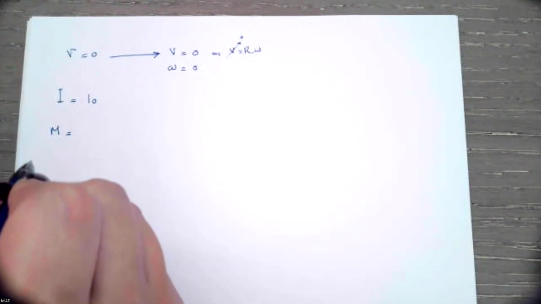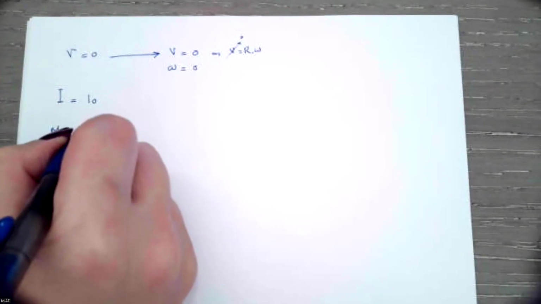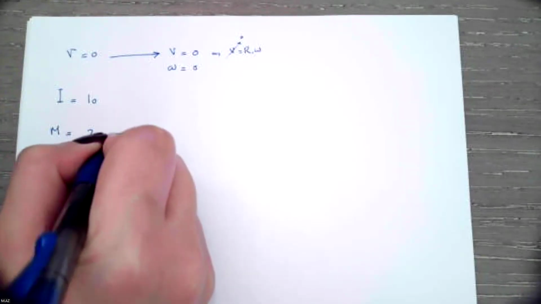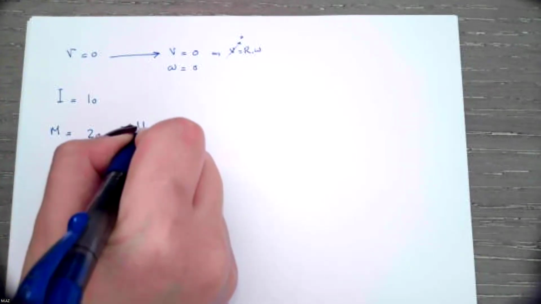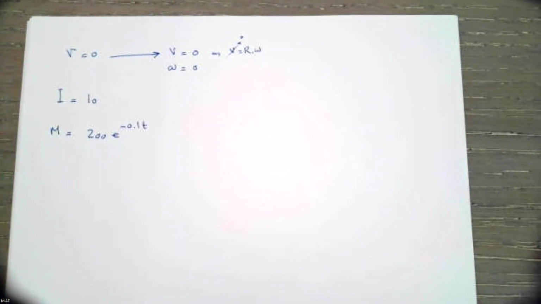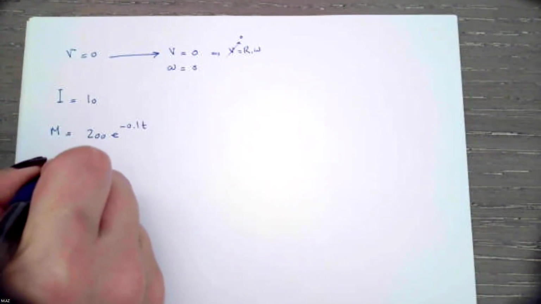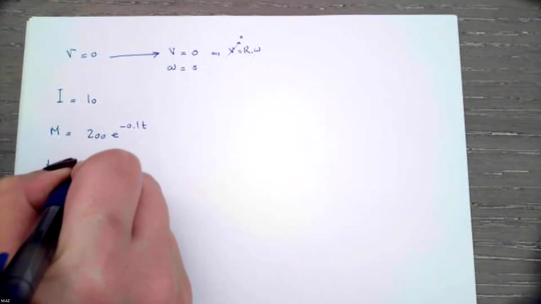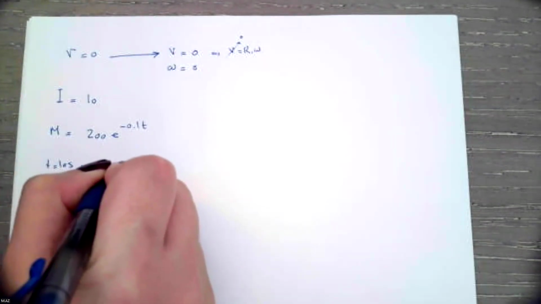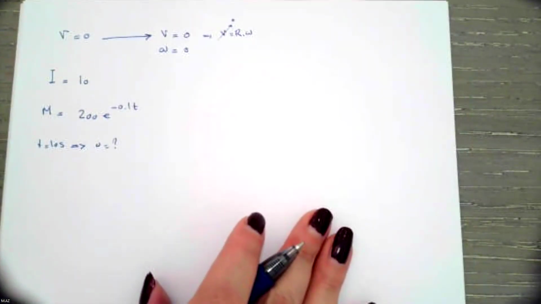The moment is given as these functions. We should find the velocity at time 10 seconds. What is the value of omega?